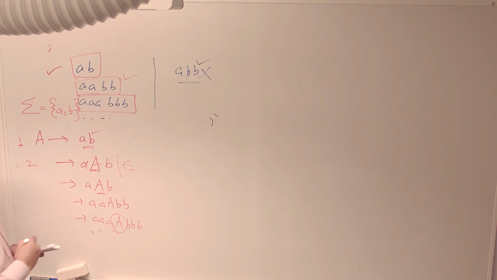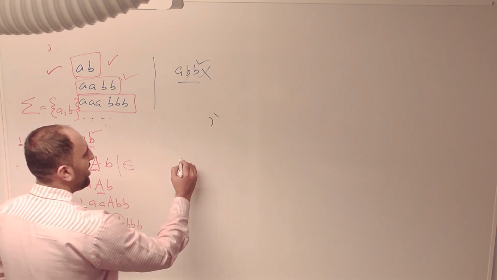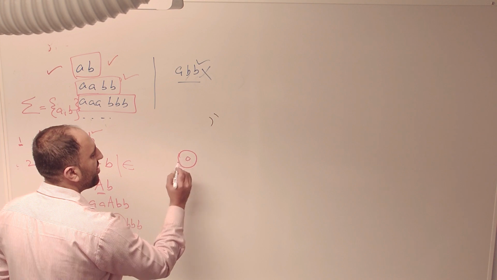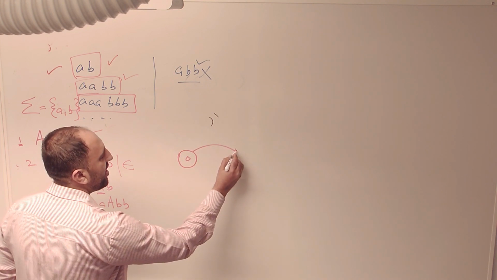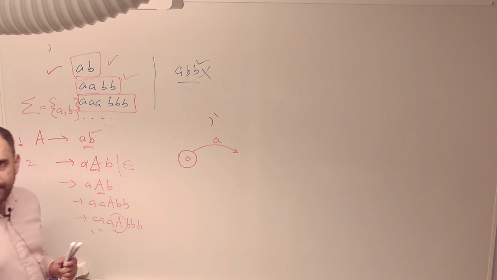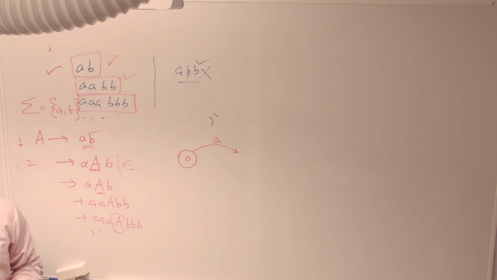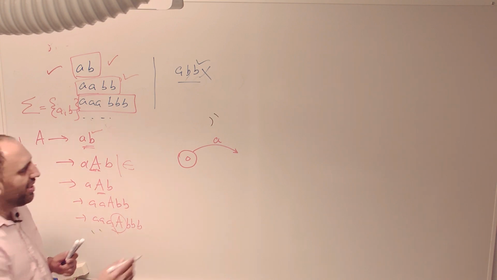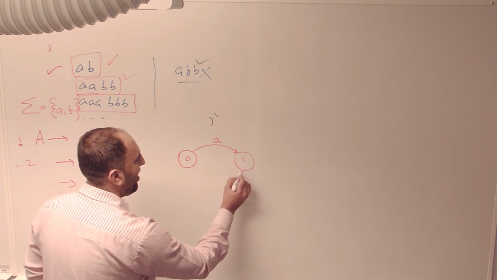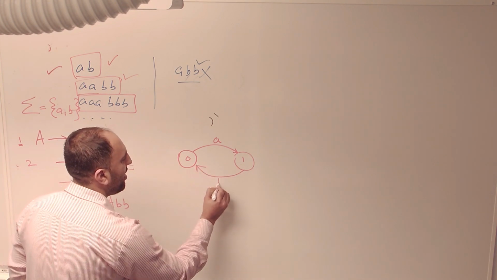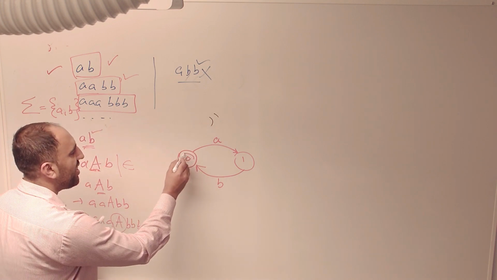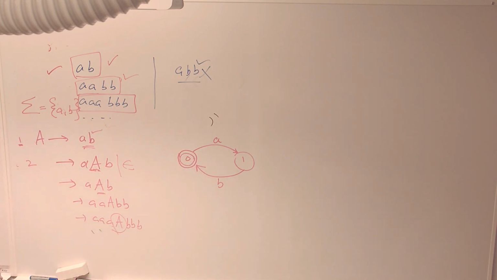So for example, if I want to define an automata for this language, we start with the initial state, which is 0, and I say that whenever we get a letter A, it must be followed by B. So it must be followed by B, and in this case I can say that 0 is both my initial and final state.